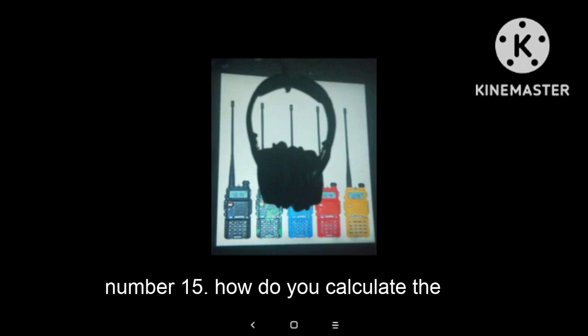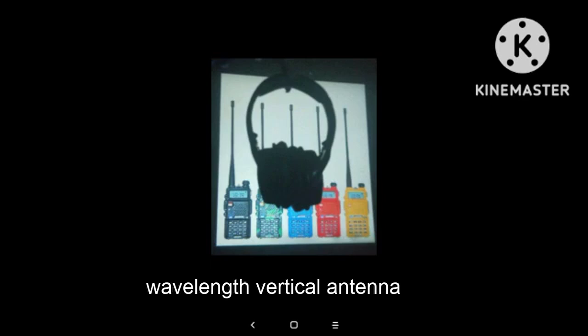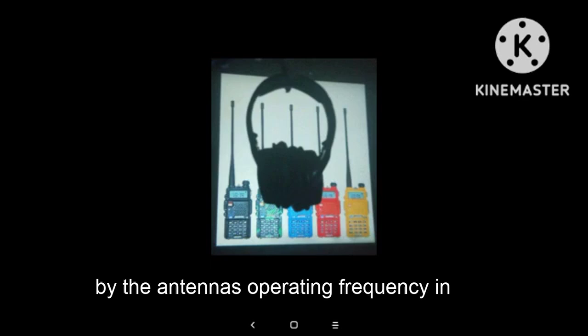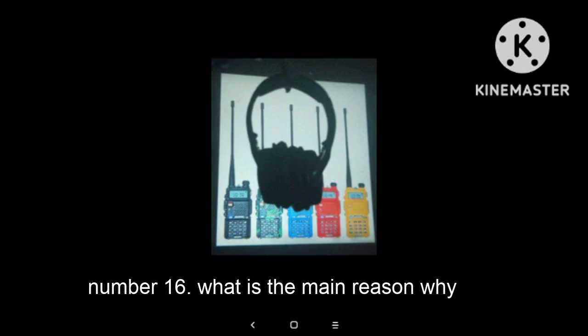Number 15. How do you calculate the length in meters or feet of a 1/4 wavelength vertical antenna? Divide 71.5 or 234 by the antenna's operating frequency in megahertz. Number 16.